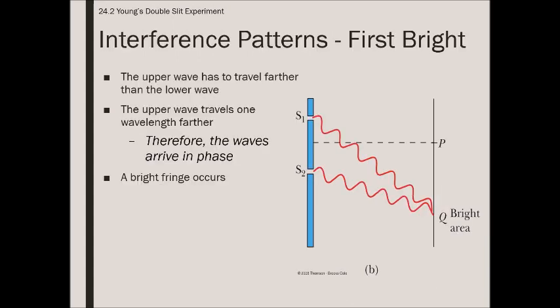And we get constructive interference not only if they travel exactly the same distance, but if one wave travels one wavelength farther. So this upper wave travels one wavelength farther, so it also arrives in phase.